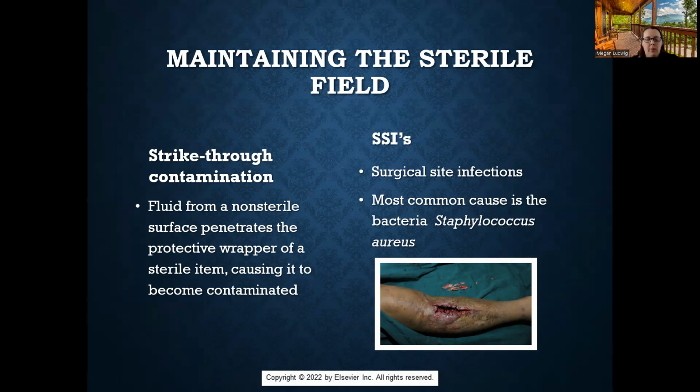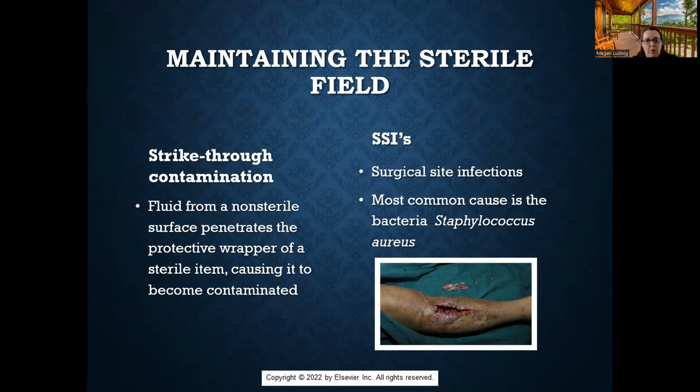We're working in surgery, and maybe a tiny hole got put in the top drape. Now, anything below that top level that may have gotten wet, it really doesn't matter from what, is now striking through to the top layer, on top of that sterile wrapper. That is strike-through contamination.